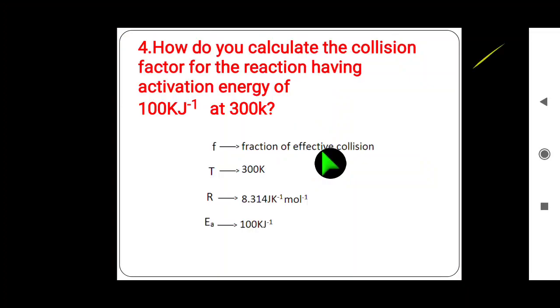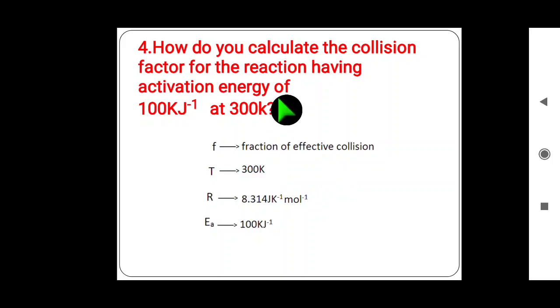Regarding that, one question: how do you calculate the collision factor for a reaction having an activation energy of 100 kilojoule at 300 Kelvin? F equals the fraction of effective collision.